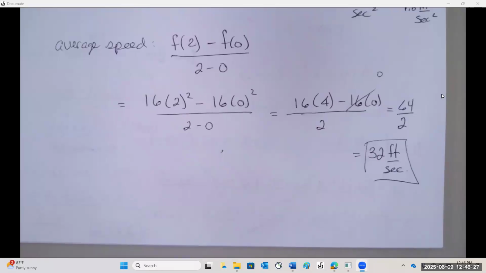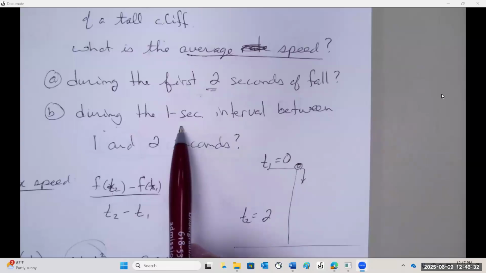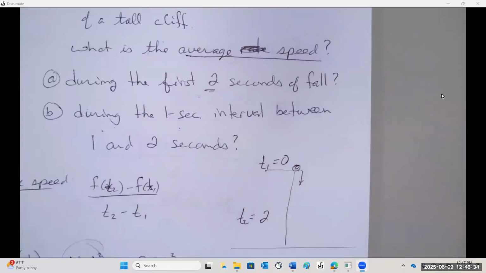All right. Next one. What's the speed during the 1 second interval between 1 and 2 seconds?